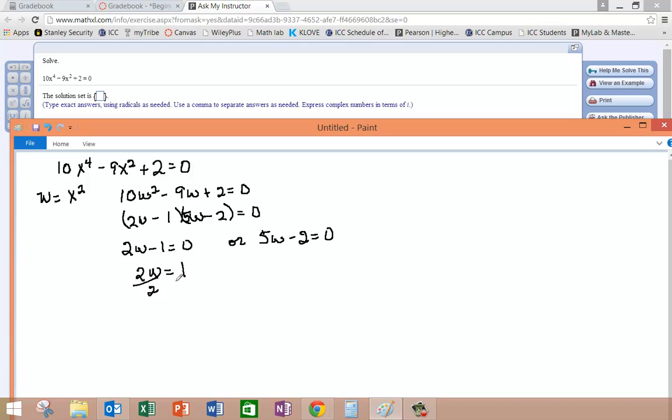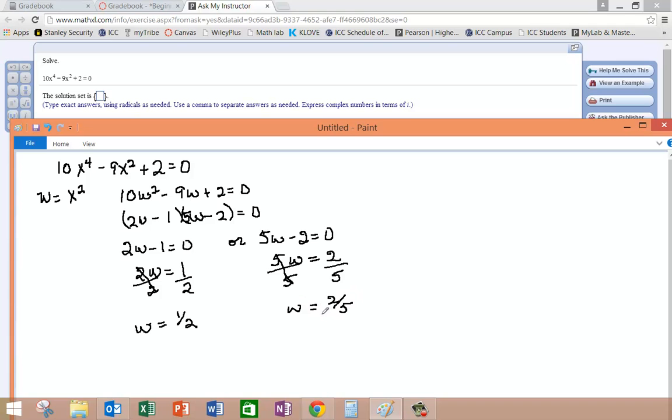We'll divide both sides by 2, and w is 1/2. On the right hand side equation, we have 5w equals 2, adding 2 to both sides. Divide both sides by 5, and that gives me that w is 2/5.